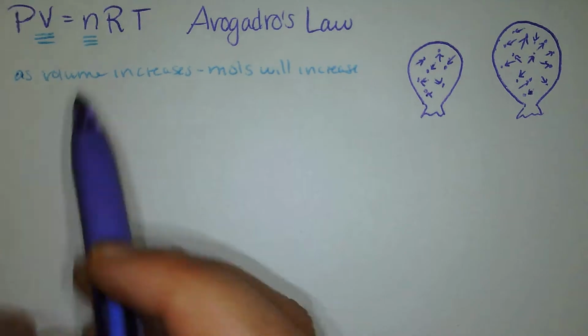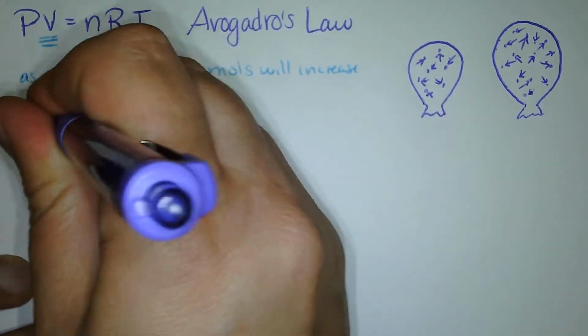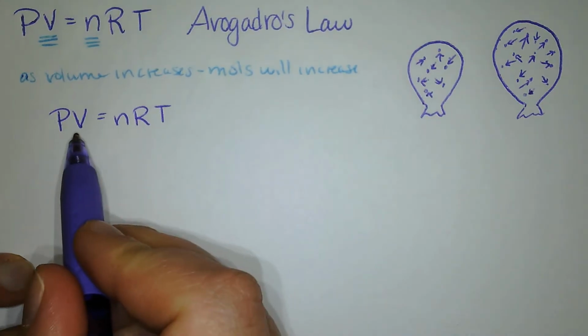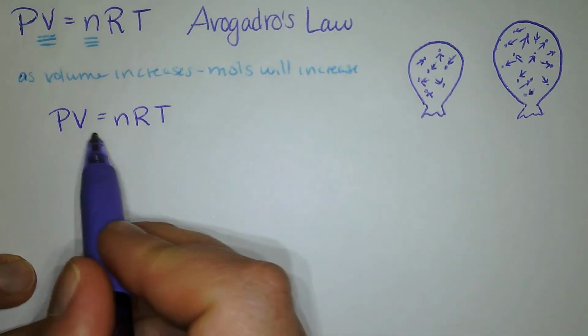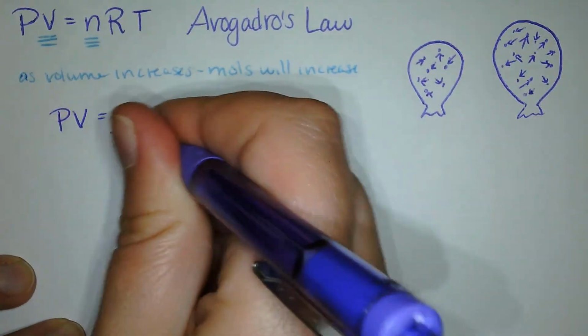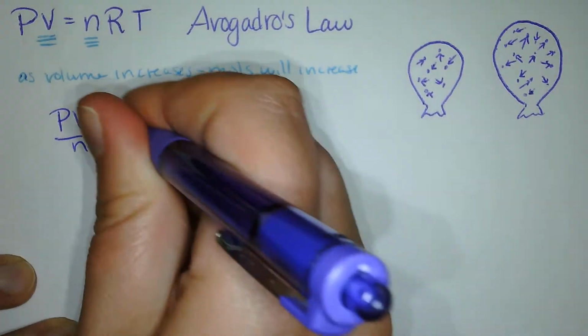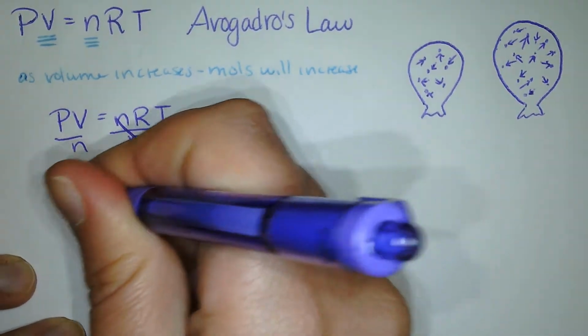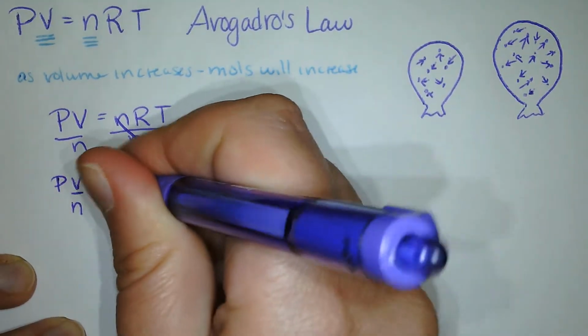Let's figure out how we get the formula. If we have PV equals nRT, we need to isolate the V and the N. So first thing, we're going to move the N to the other side by dividing it away. So we have PV over N equals RT.